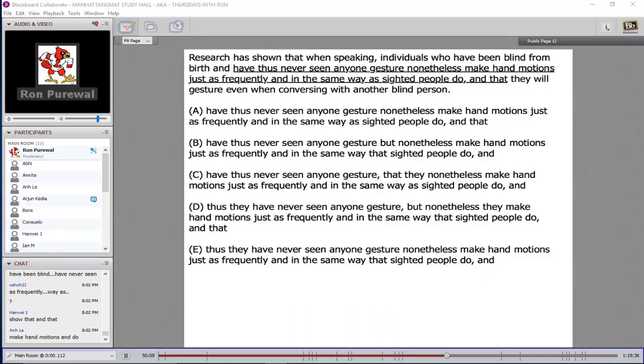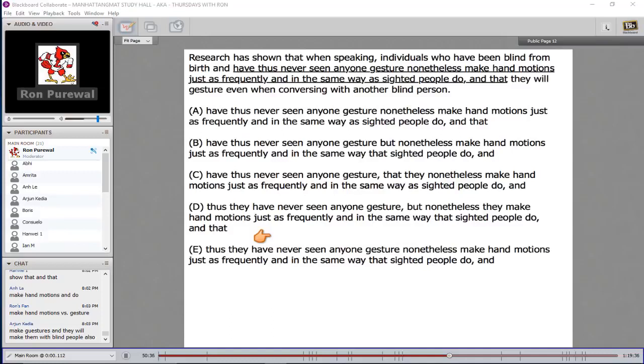So, thus is also an important relationship word there. But people who have been blind from birth and thus have never seen anyone gesture, although those are parallel in all five choices. All five choices say have never seen anyone gesture. So you should notice that, but it's not going to help you eliminate anything.